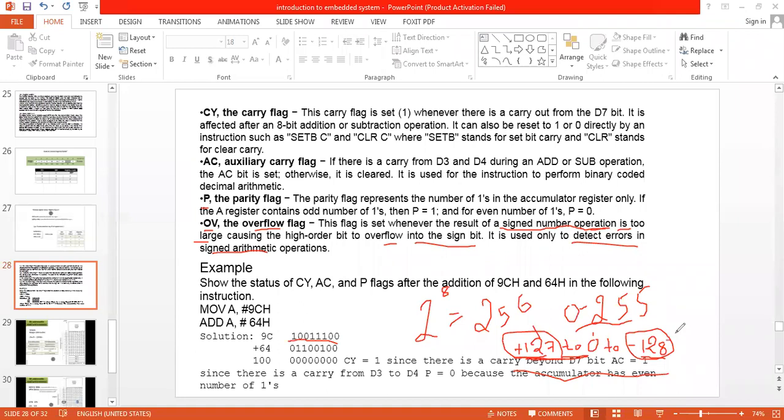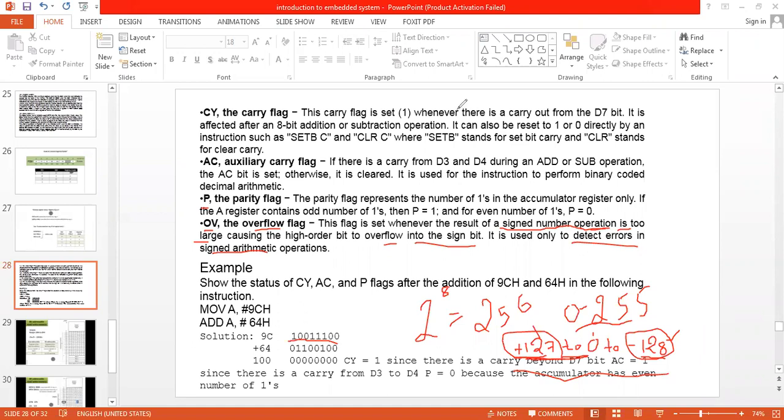In terms of a negative number, if the number is crossing minus 128 and it is showing a positive number, then that is an error, which means the overflow flag is going to be equal to 1. Hope it has been understood what the overflow flag is.